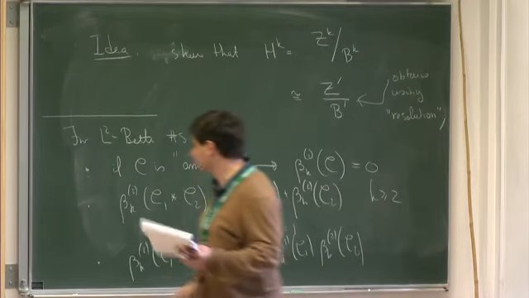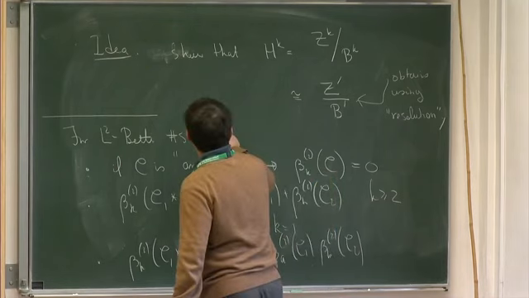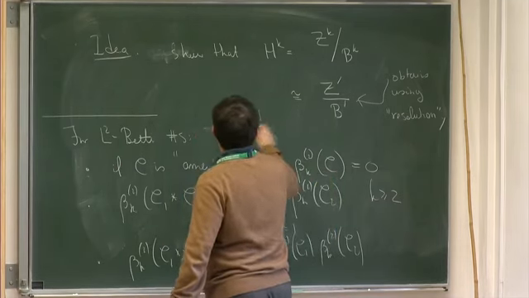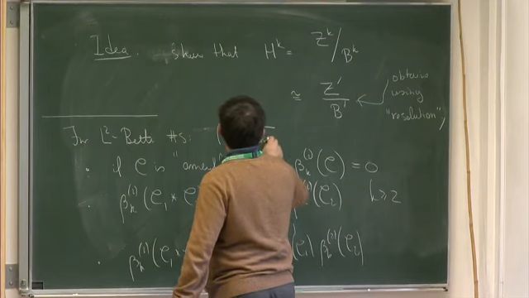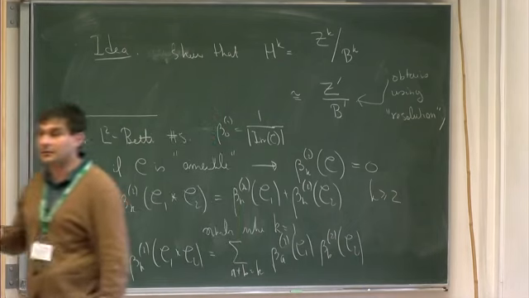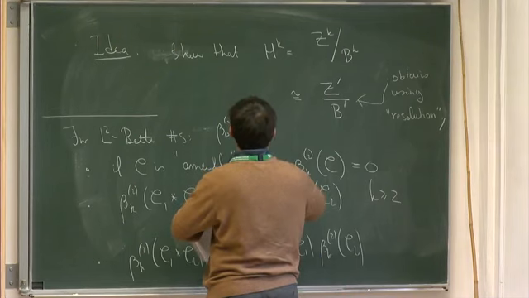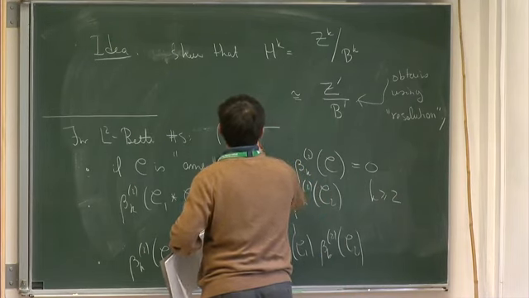Okay? Oh, I should say maybe that the zeroth Betti number is 1 over the number of irreducibles in C. Right? So 1 over, no, not the number of irreducibles, 1 over the depth.